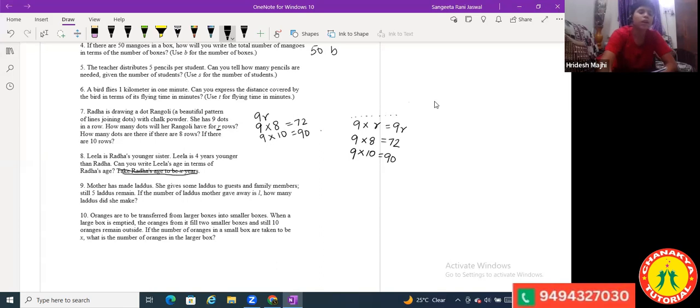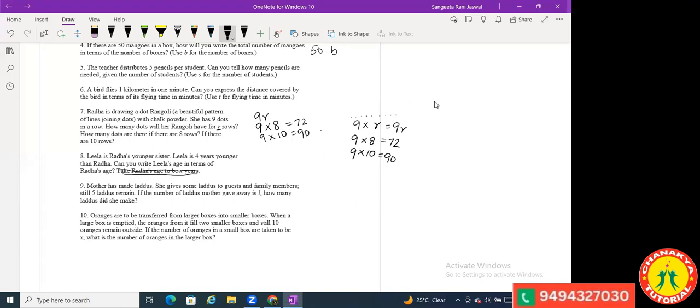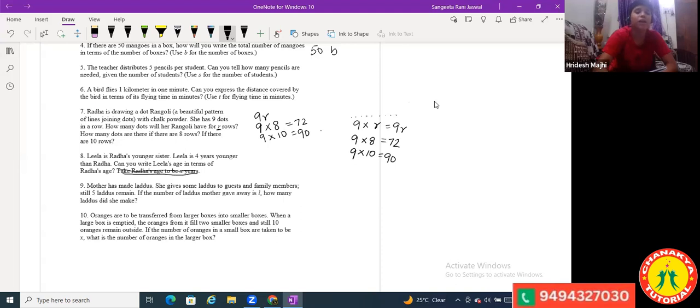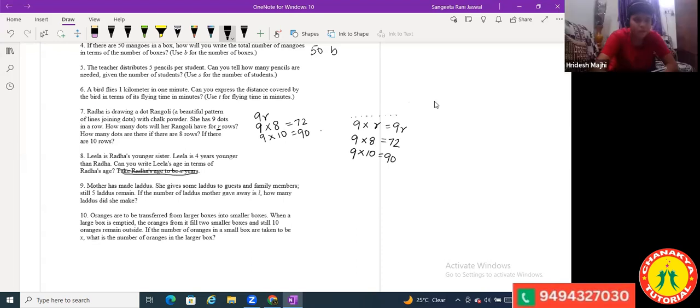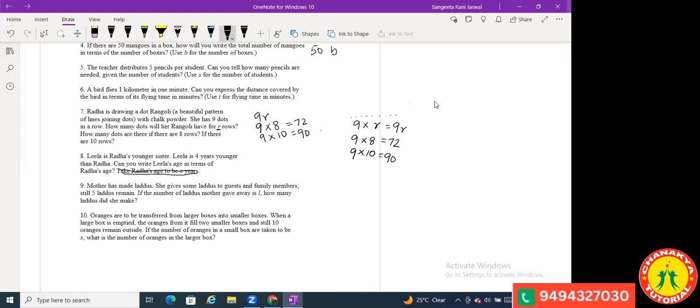So Radha's younger sister is 4 years younger than her. Can you write Leela's age in terms of Radha's age? So here I have written that Leela is 4 years younger than Radha.